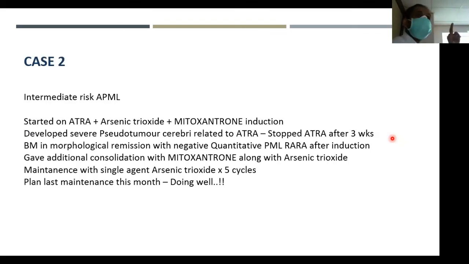She had a persistent headache, diplopia, lateral rectus palsy, and fundus papilledema. So we had to stop ATRA, which is the mainstay. To counter that, we gave one extra mitoxantrone consolidation, followed by single agent arsenic maintenance. Now she's on the last, 6th cycle of arsenic, which will be taken this month. After that she will be off treatment and followed up, and she's doing good.